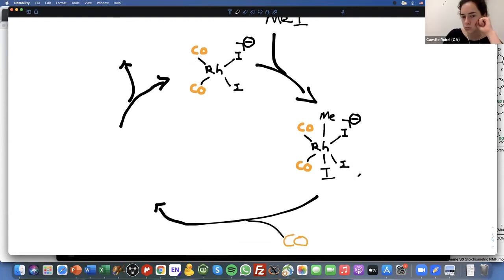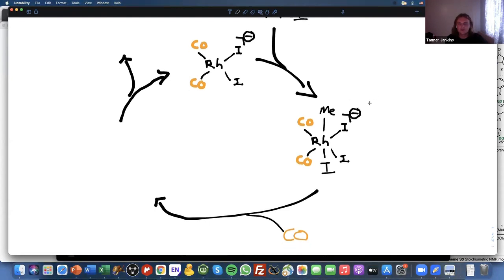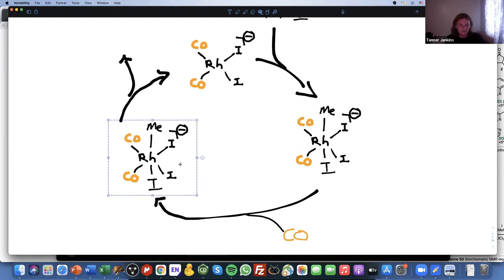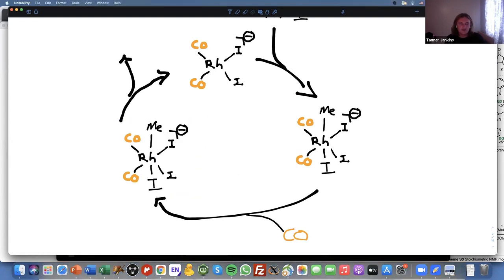And so now that we have this rhodium-3 methyl complex, now this can be intercepted with another equivalent of CO to give the complex you referred to earlier, where now we have CO inserting.